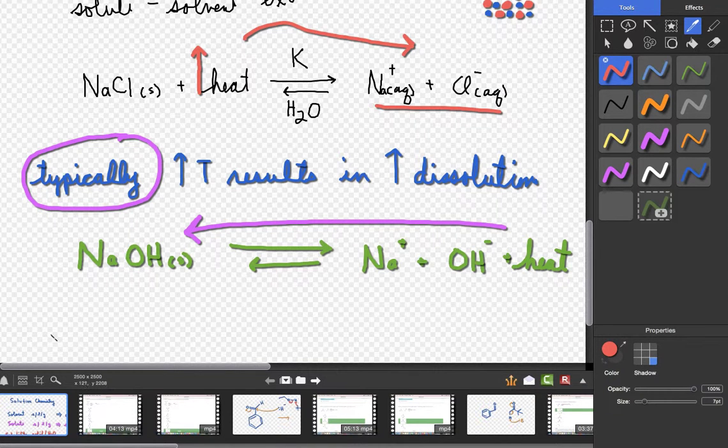Since the pressure is not really going to do much in terms of minimizing surface area or increasing the amount of compression, increasing the pressure or decreasing the pressure for that matter has no effect on the dissolution of a solid in water. So it has no effect.